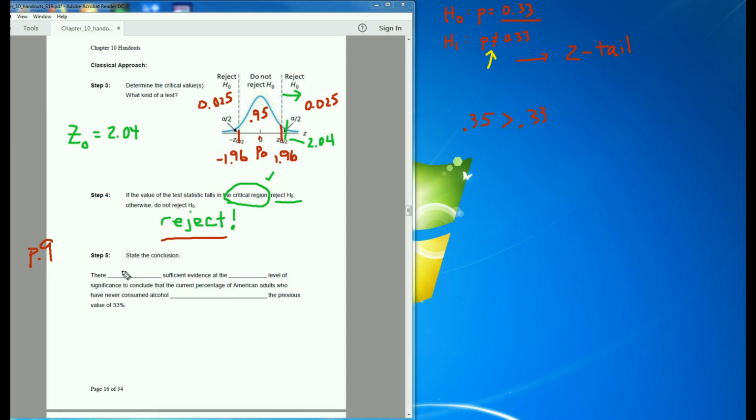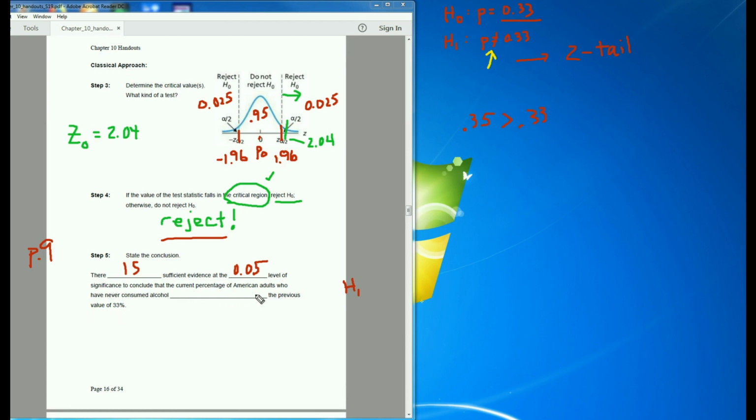In this case, we would say there is sufficient evidence at the 0.05 level of significance to conclude that the current percentage of American adults who have never consumed alcohol is different from the previous value.